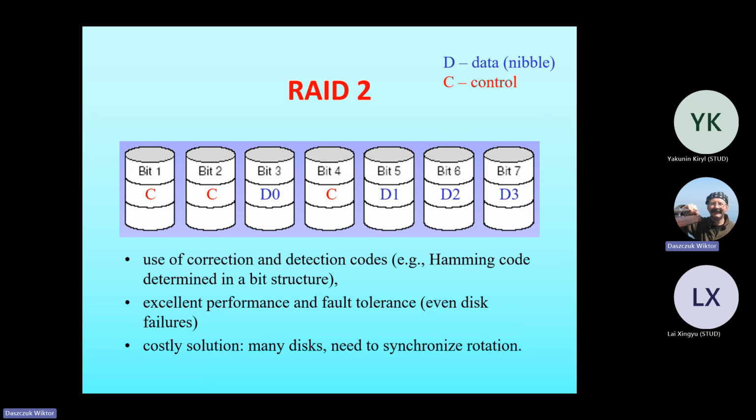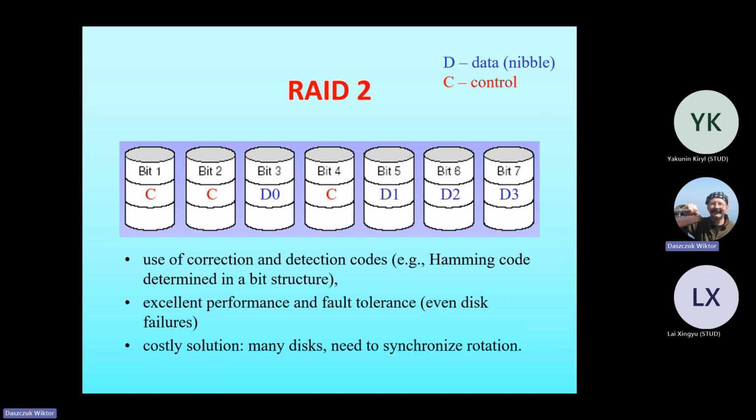RAID 2 is not used. Why? Because in RAID 2, which is very safe, we synchronize the spinning velocity of disks.